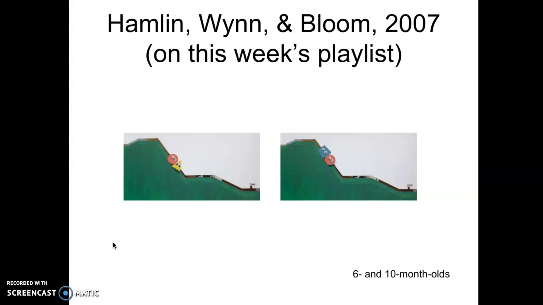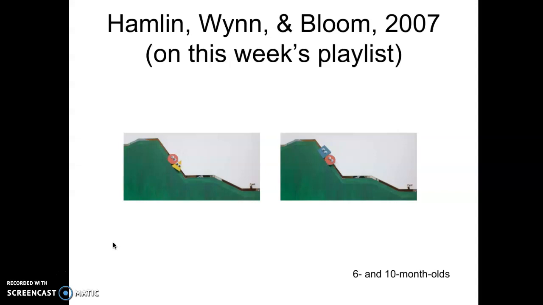Not only did infants show surprise when the protagonist approached the hinderer, they also themselves showed a preference for the helper over the hinderer. So if you gave them two options, like a little toy that looked like the helper or the little toy that looked like the hinderer to play with, they very frequently chose to play with the helper.